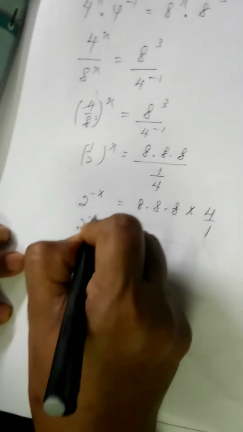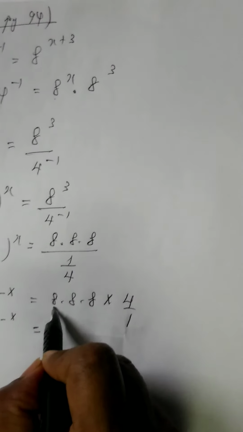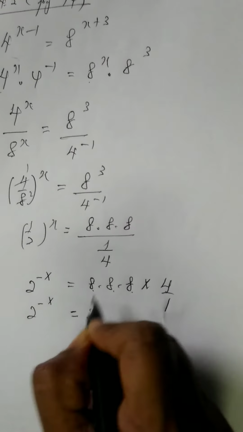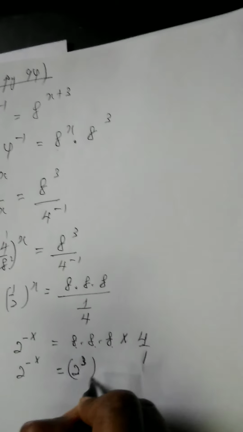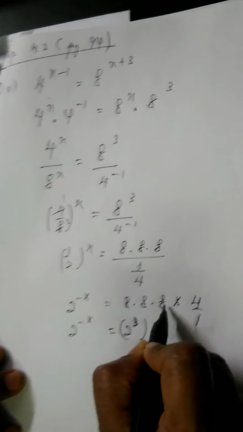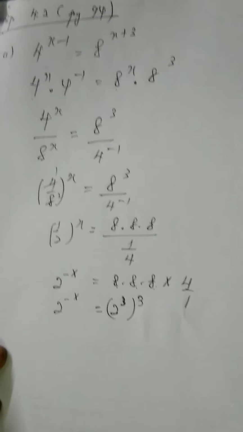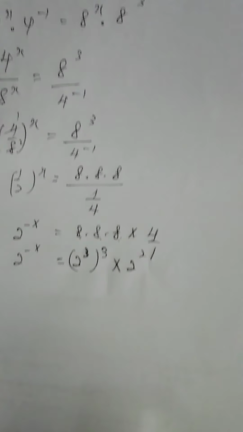So 2 to the power of negative x. So you'll get 1, 2, 3, and this is 4. So this is 2 to the power of 3 for every 8. I've got 3 of these, times 2 to the power of 2.